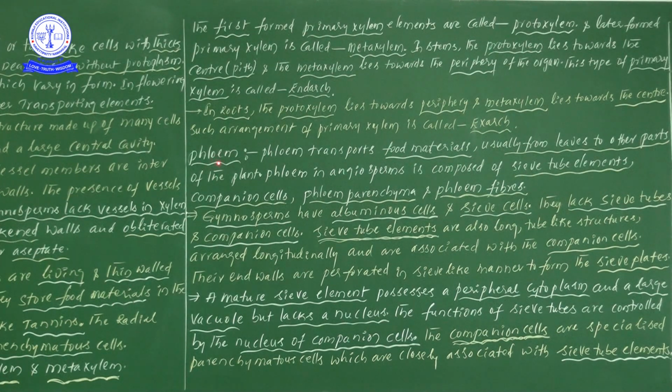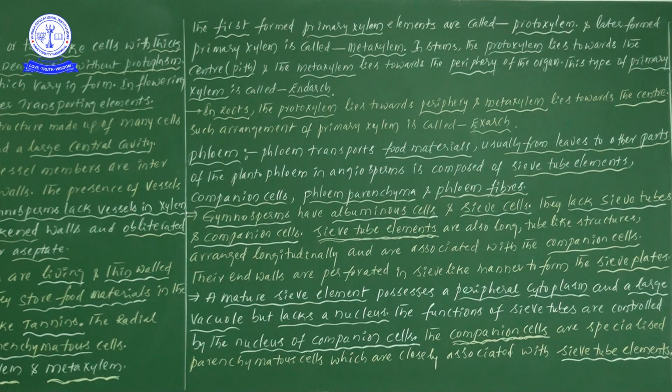Next, from the phloem point of view, what information is to be discussed? Phloem members transport food materials usually from leaves to other parts of the plant. Xylem members transport water and minerals only in a unidirectional flow, as we have seen.